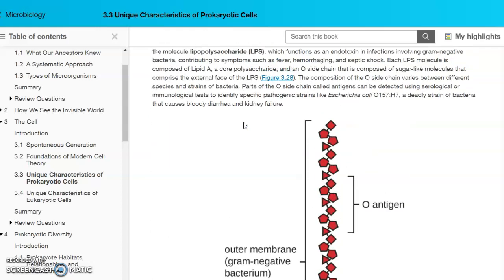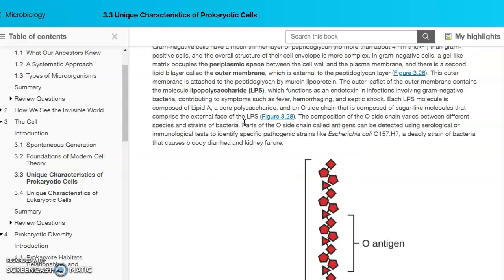So a little bit more about that lipopolysaccharide, that outer membrane on those gram-negatives. This lipopolysaccharide can function as an endotoxin. Endotoxins behave in all of the same way. If we have a specific type of endotoxin, it causes the same symptoms, which would be fever, hemorrhage, and septic shock, and eventually death if we can't control that.